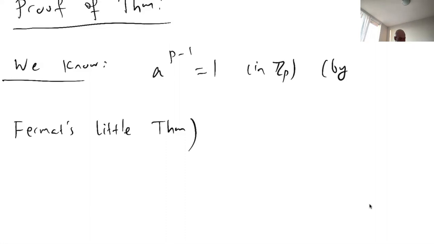Now, what does that mean? That means p divides a to power p minus 1 minus 1, right? If a to power p minus 1 equals 1, that means a to power p minus 1 minus 1 equals 0 in Zp. And if a number equals 0 in Zp, that number is divisible by p.